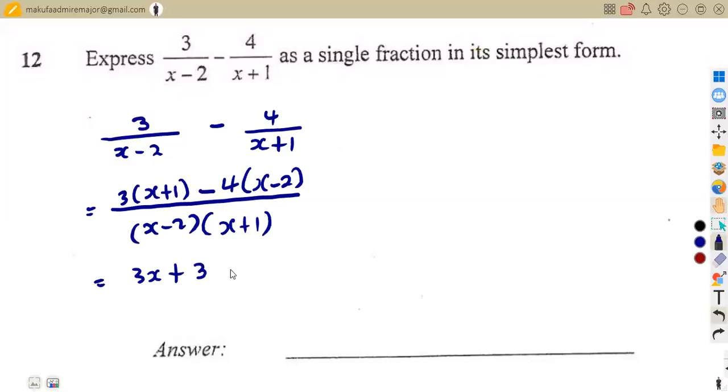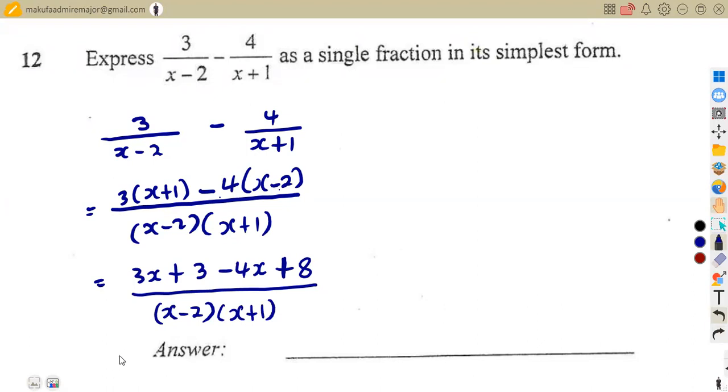Minus 4 times x will be minus 4x. Minus 4 and minus 2, minus and minus gives us a positive, which is going to be a positive 8. Everything over x minus 2 into x plus 1 in this case.